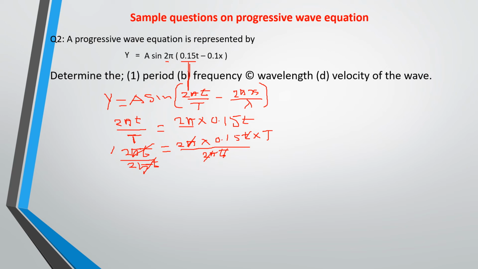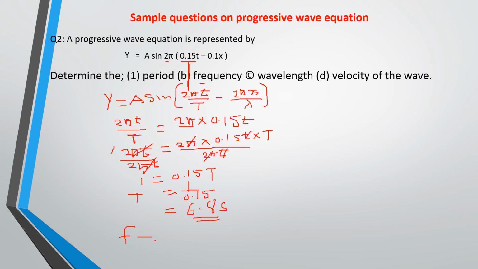So you are going to have 1 is equal to 0.15 capital T. You are looking for the period now, so T will be equal to 1 all over 0.15 seconds. When you divide this out, T is equal to 6.8 seconds.